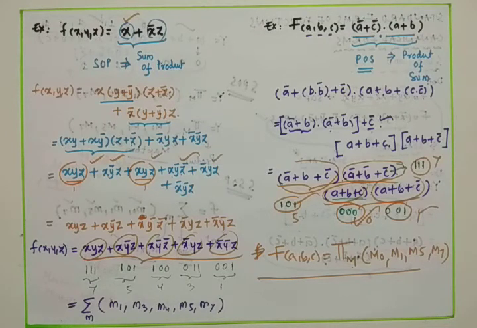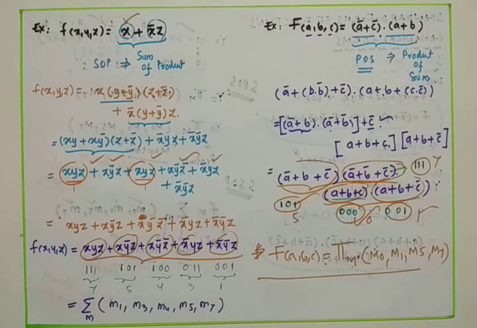Sum of product is totally a sum of some products, and each term is required to have all the input signals, in complemented or original form. Then that form is named standard form or canonical form.